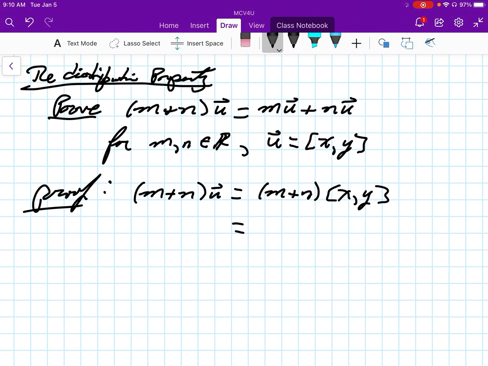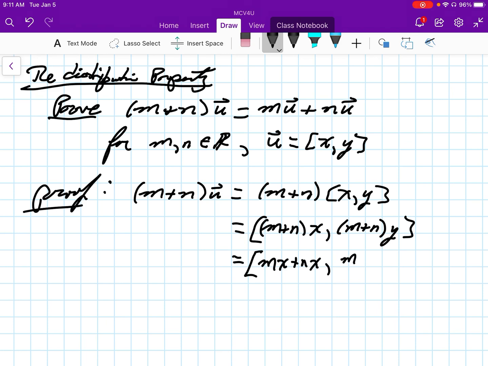We just figured that out, so we know that that is the vector m plus n times x, and m plus n times y. That's scalar multiplication. If we look at each component inside, these are scalars. So we know that the distributive property of scalars works. So we can say that's mx plus nx, my plus ny.